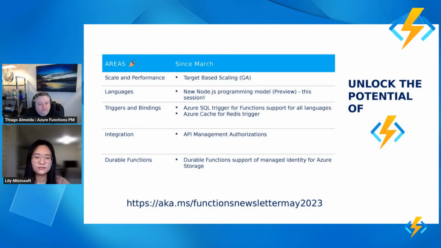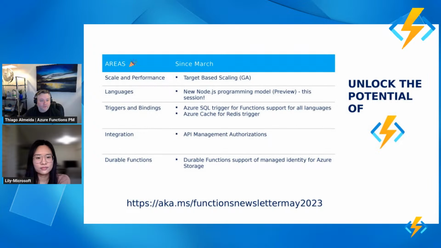On the topic of integrations, the API management team released API management authorizations, which is a great solution to ensure that you can keep track of the auth, and it will keep the connections live there, or the auth itself refreshed. And it's very good integration with Azure Functions.